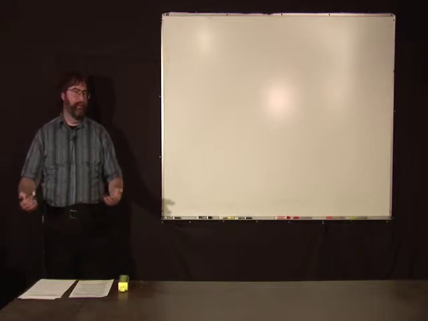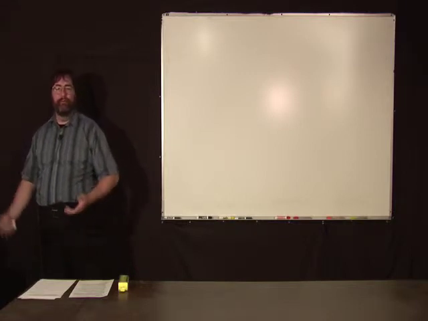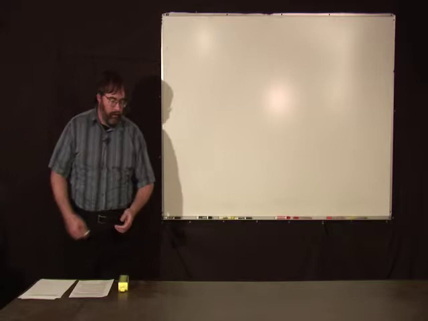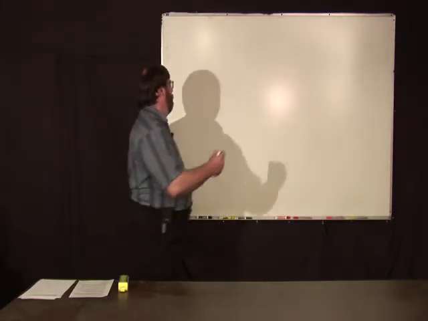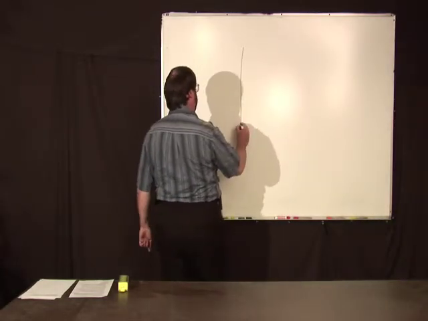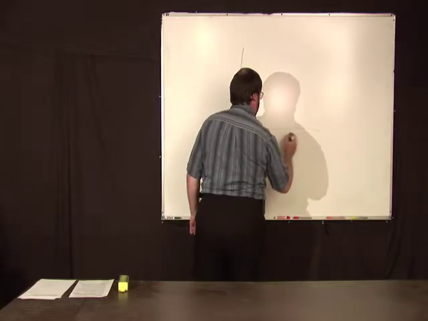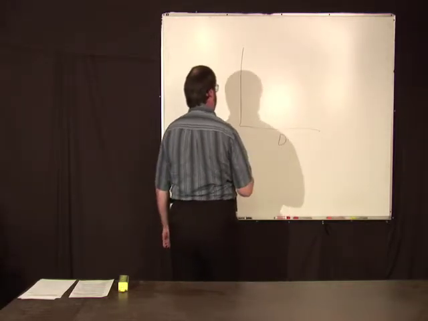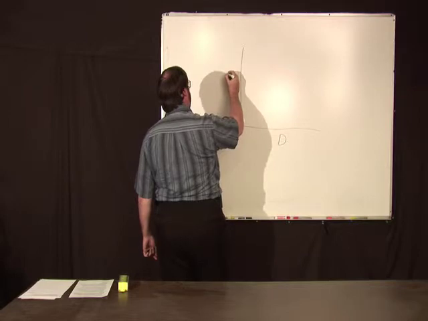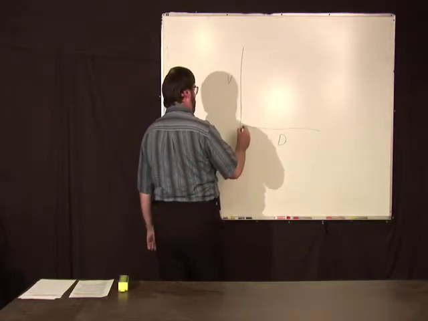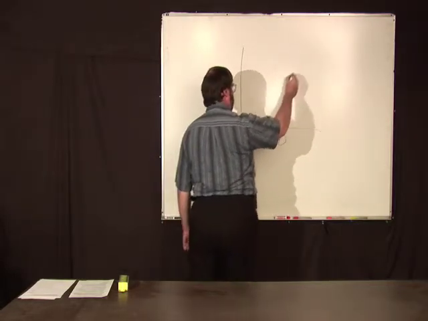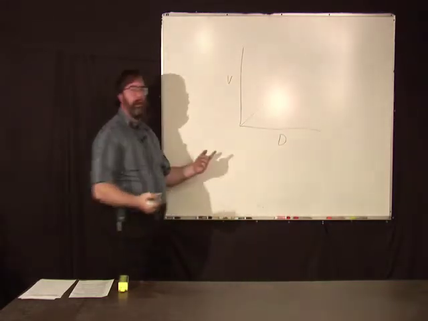But now we know something about distance, we can ask the question, well, how is the universe moving? Well, it turns out that if you plot the distance to a galaxy versus its velocity, you get something that looks like that, a straight line.